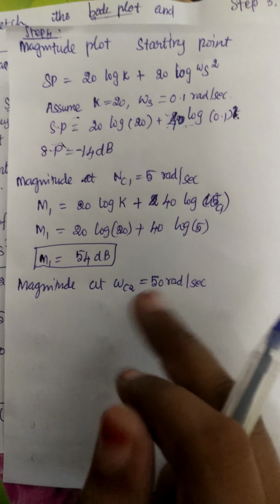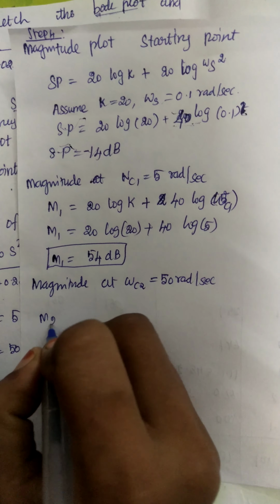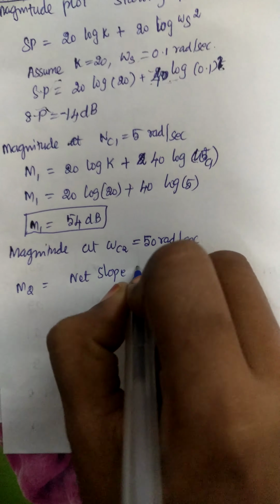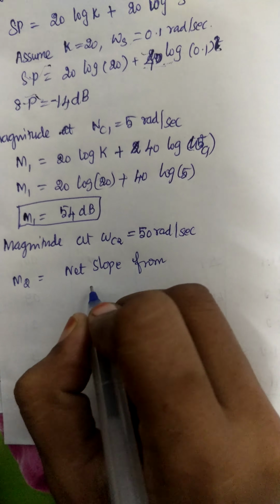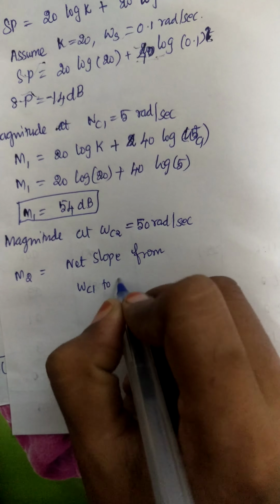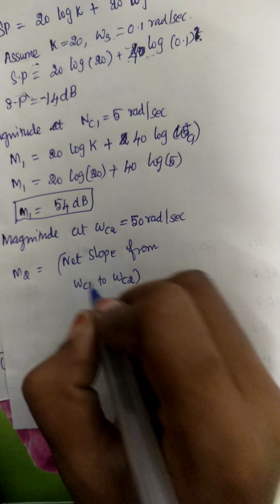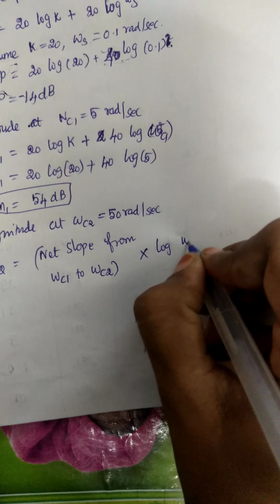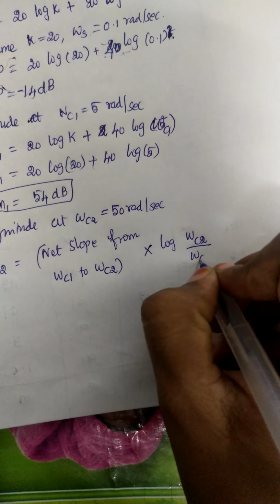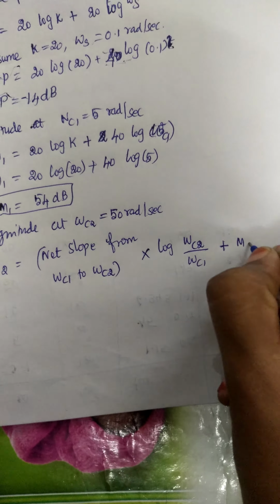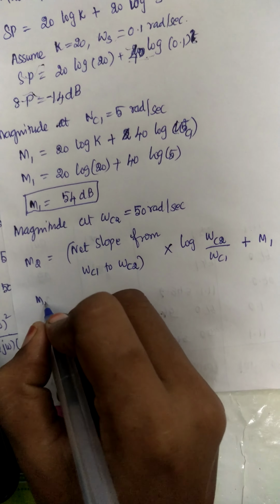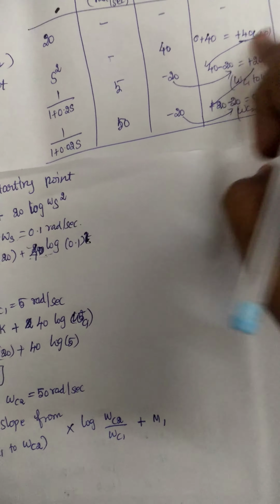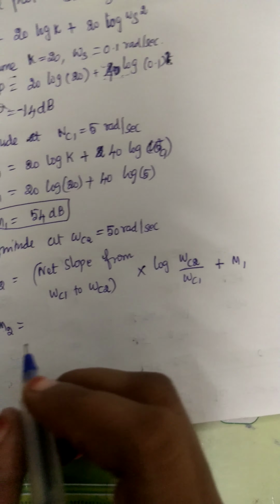What's the formula for this? So the M2 value we are going to find is the net slope value from omega c1 to omega c2, into log of your omega c2 value over omega c1 value, plus your previous value. Here the slope value from omega c1 to omega c2 is 20.